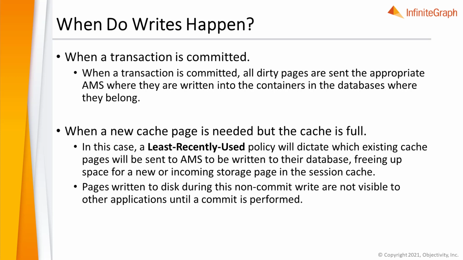In this case, a least recently used policy will dictate which existing cache pages will be sent back to AMS to be written to their database, freeing up space for new incoming pages in the session cache. Pages written to disk during this non-commit write are not visible to other applications until a commit is performed.